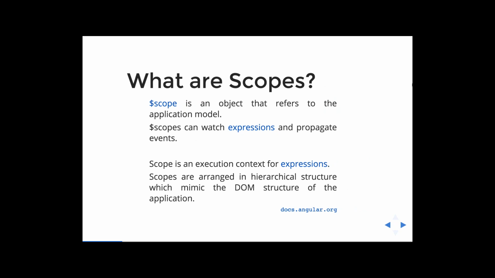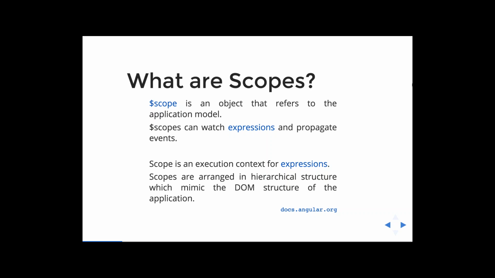So if we have an ngController and we want to access some variables, these are accessed through the scope. The $scope is an object, again, that connects the view with the directive or with the ngController.